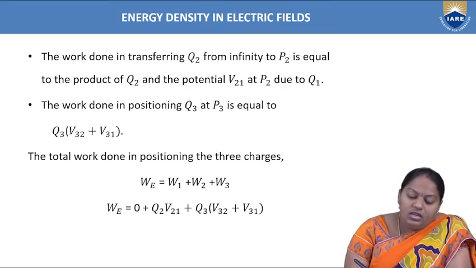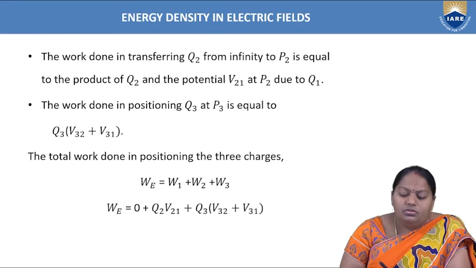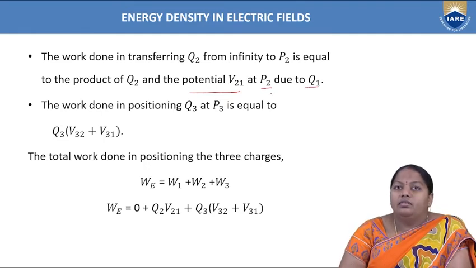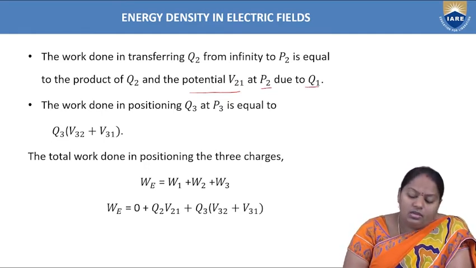Means in order to assemble the charge Q2 from infinity to point P2, it is equal to the product of Q2 and the potential V21. It is the potential difference between 1 and 2 at P2 due to the charge Q1. And that V21 can be given as here.